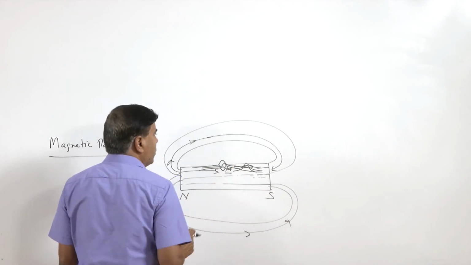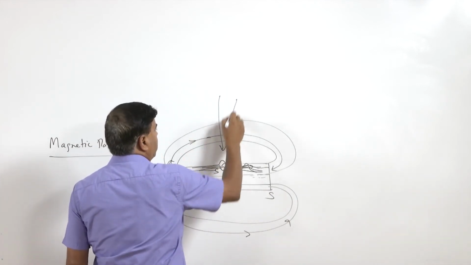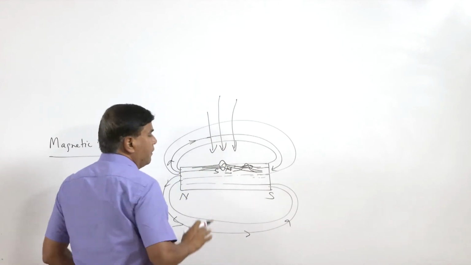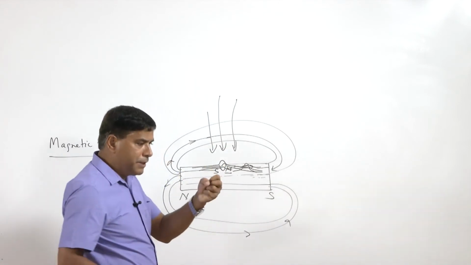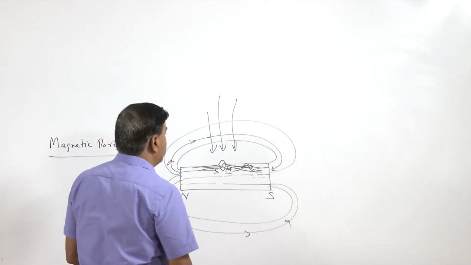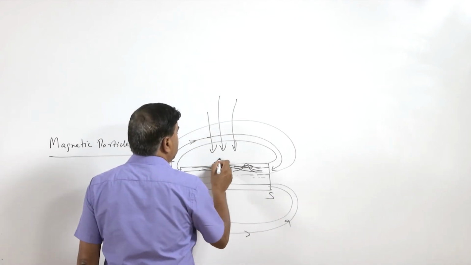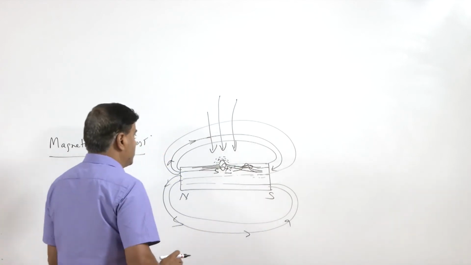And at this location, when the magnetic particle is sprayed in powder form, meaning magnetic material in powder form is sprayed, they spread, then they pile up around the area where there is a discontinuity.